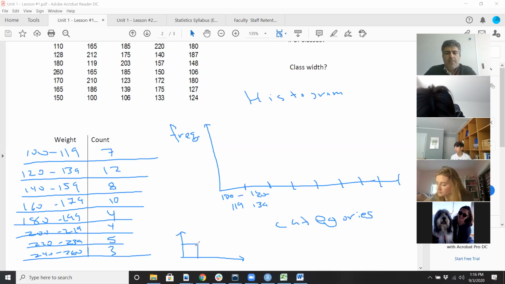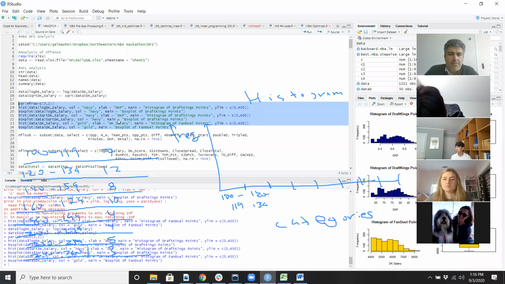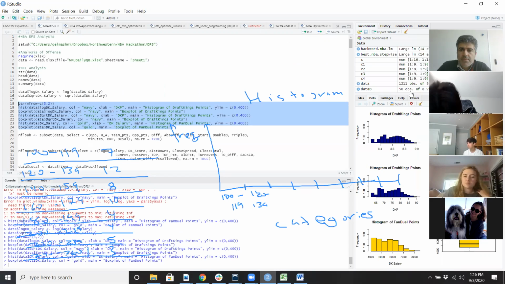actually, let me pull this up again. That might be a little more helpful. Well, a histogram tends to deal more with numbers, I guess. That's maybe a better way of putting it.